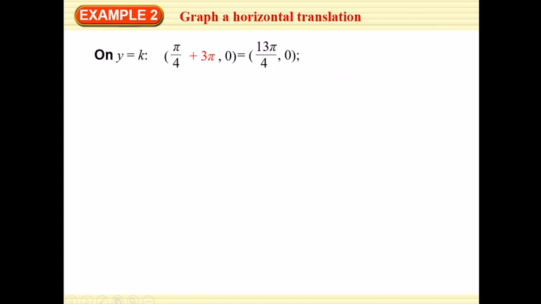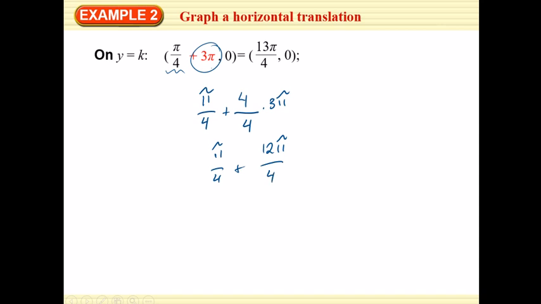So, these key points here, when y equals k, I have this pi over 4 plus that 3 pi for my horizontal shift. And in case we aren't remembering, I need to convert this into fourths, so that is 4 over 4 times 3 pi, or pi over 4 plus 12 pi over 4.